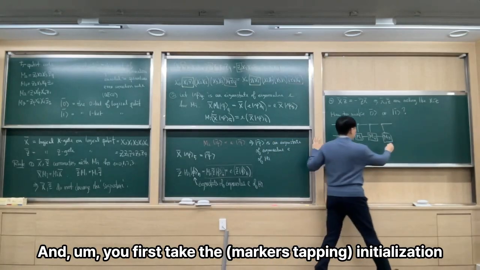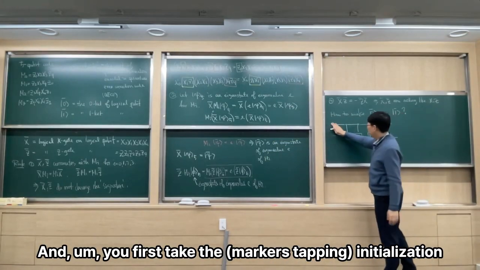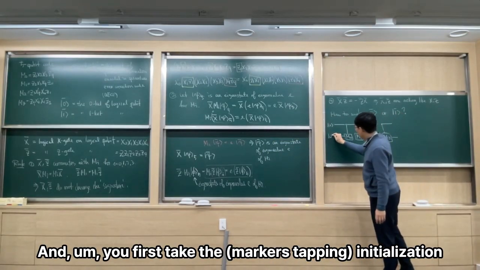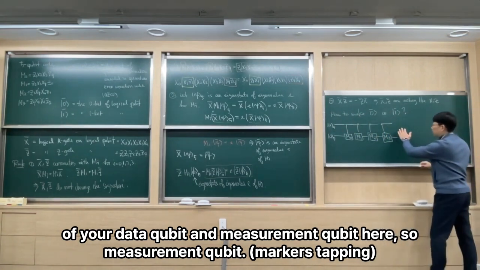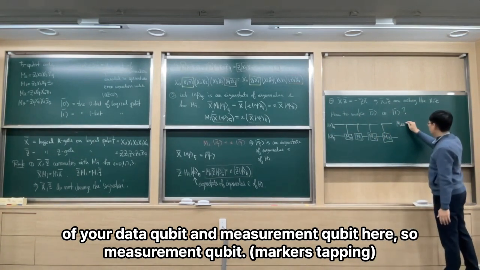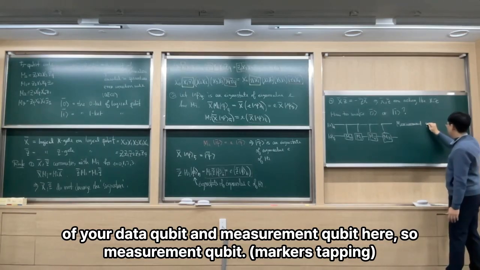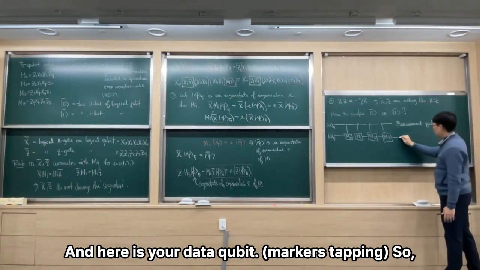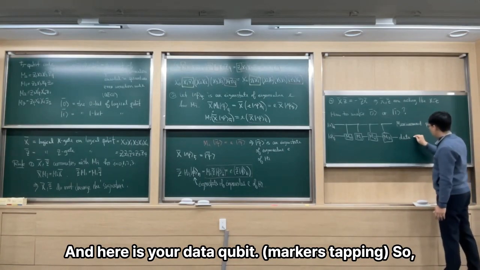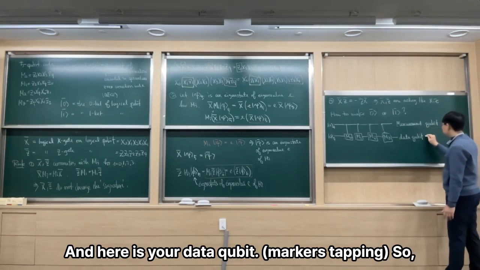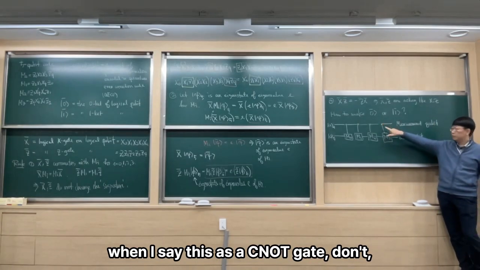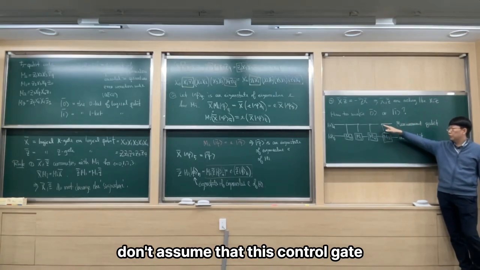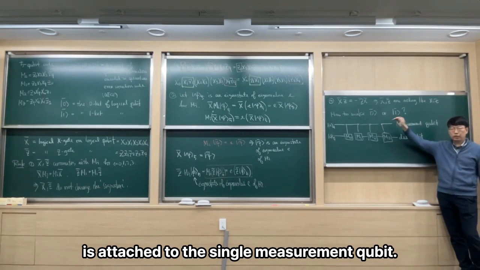And you first take the initialization of your data qubit and the measurement qubit here. And here is your data qubit. So when I draw this as a CNOT gate, don't assume that this control is attached to a single measurement qubit.